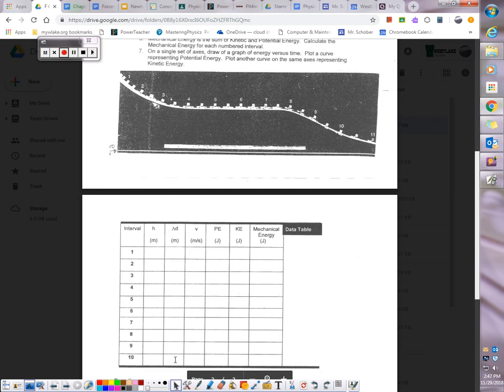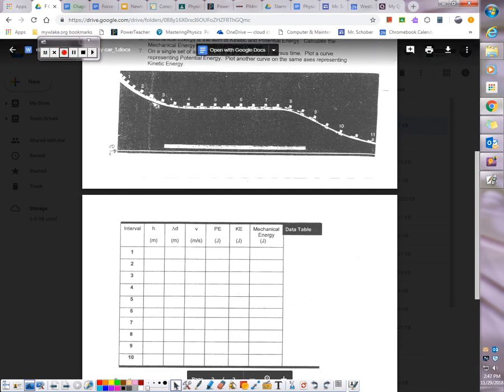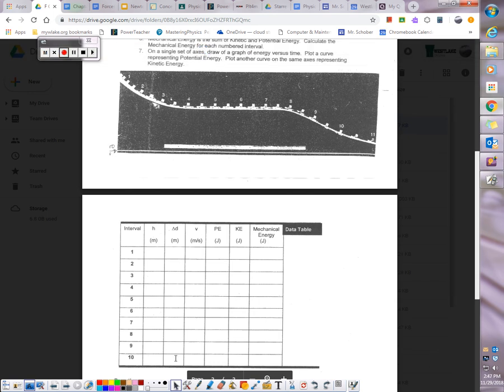Delta D, the distance it travels in each interval: in general, the car is speeding up the whole time. Again, it stays kind of the same when the track is flat, but in general, we should see these numbers getting higher. The V's, because the delta D's are getting higher, should also be getting higher. Potential energy relates to height.